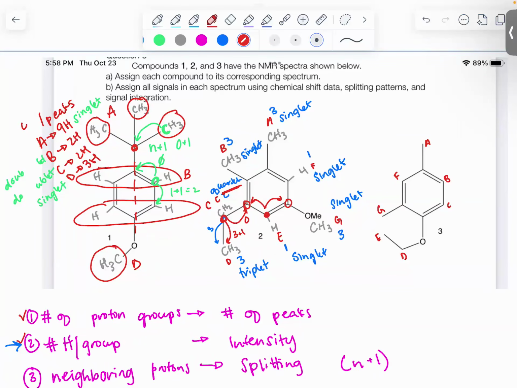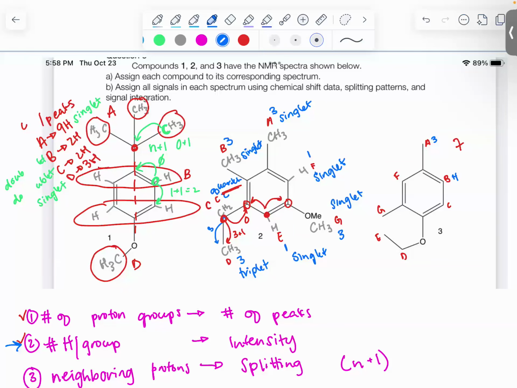So this final molecule, how many proton groups do we have? Seven. What's the intensity of A? What's the intensity of B?